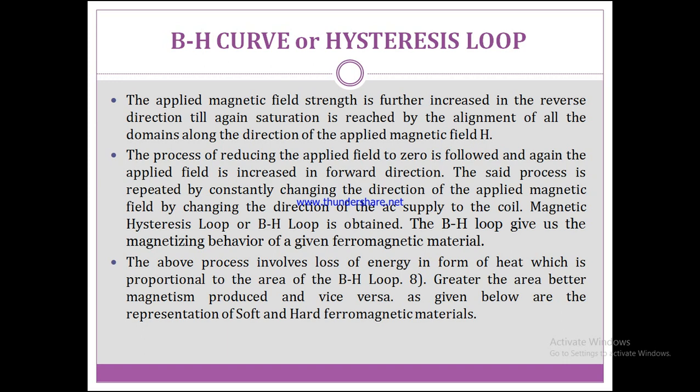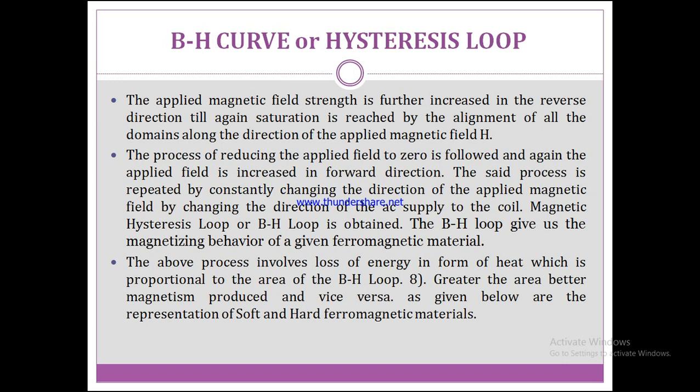The magnetic hysteresis loop or BH loop is obtained. The BH loop gives us the magnetizing behavior of a given ferromagnetic material. The above process involves loss of energy in the form of heat, which is proportional to the area of the BH loop.